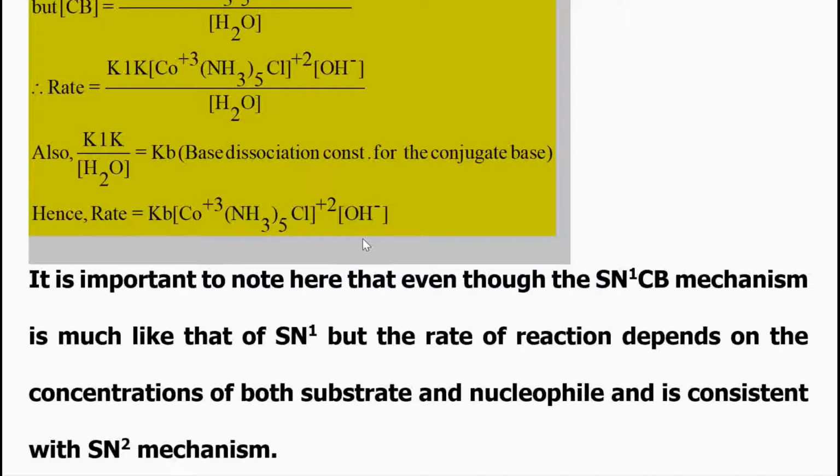Unlike SN2 mechanism, the SN1 Cb mechanism has the first step, which is slow and rate determining step, which is about removal of the outgoing ligand, and in the second step the incoming ligand enters. So the mechanism is neither SN1 nor SN2, but it is intermediate. It has rate of SN2 but the mechanism of SN1.